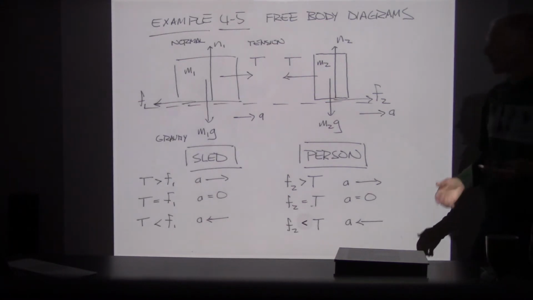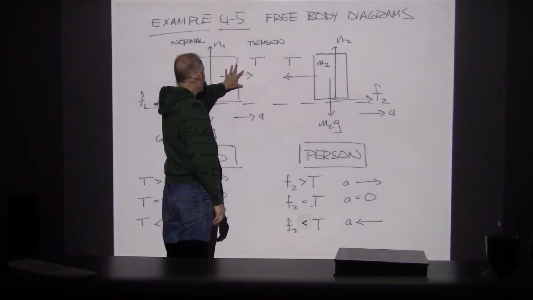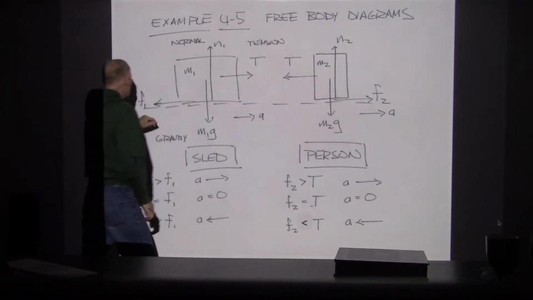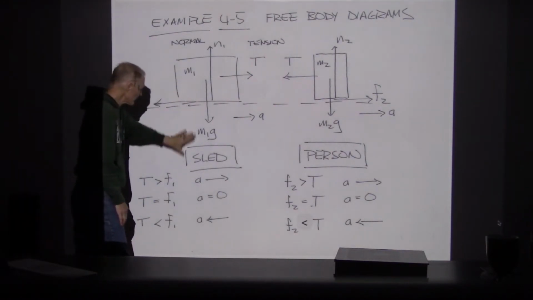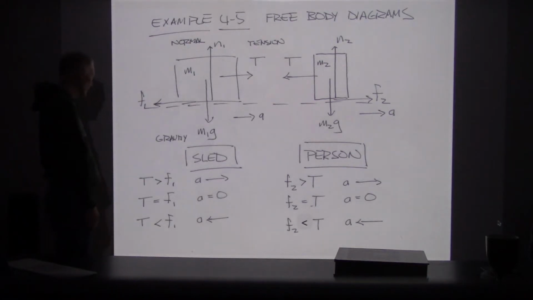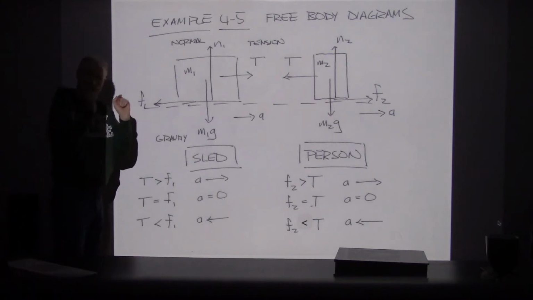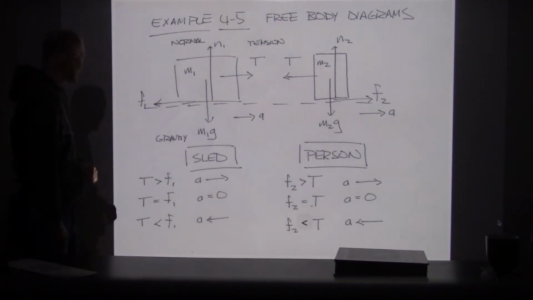Once it is moving, then the tension in the rope would have to match the frictional force acting on the sled. So here's the sled, and if the tension is bigger than the frictional force, then there's going to be a forward acceleration and the sled will pick up speed in that direction.